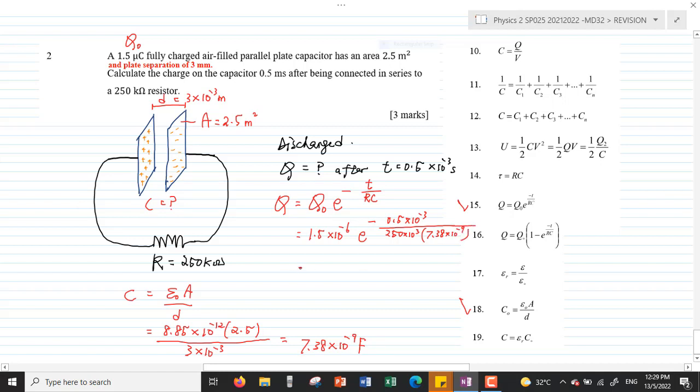Okay, then we do our calculations. We will get the charge on the capacitor after 0.5 millisecond. The value will be around 1.14 times 10 to the power of negative 6 coulomb. Then we solve our question.